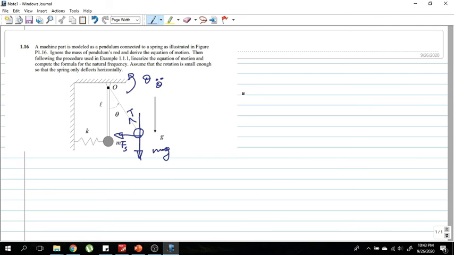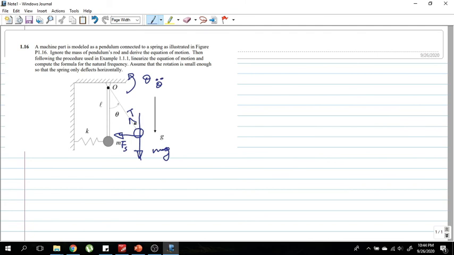In order to derive the equation of motion, the easiest way is by taking the moments about point O. As you can see, if we take the moments about point O, then we will only get expressions from the mg term, which is the weight of the attached mass, as well as the restoring force of the spring.